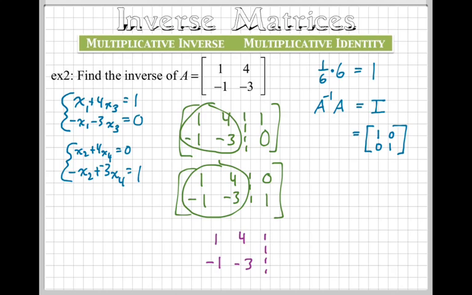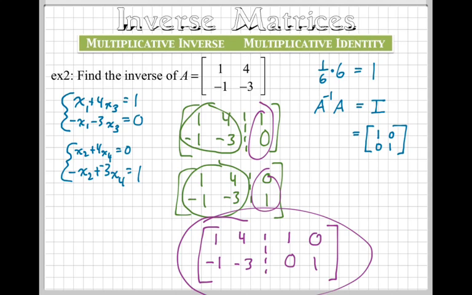Now on the other side we write 1, 0 from this one, and then we write 0, 1 from this one. And this is our doubly augmented matrix right here. It's not our answer, but that's what's going to help us find what the inverse matrix actually is.